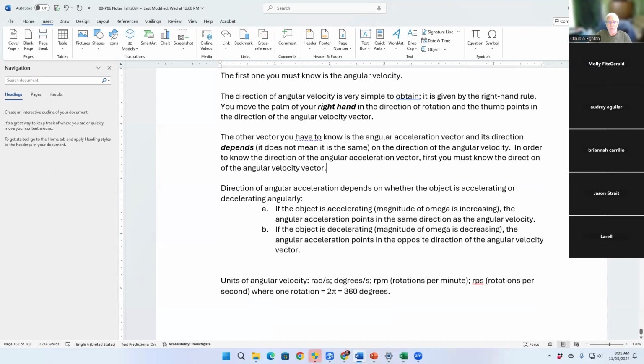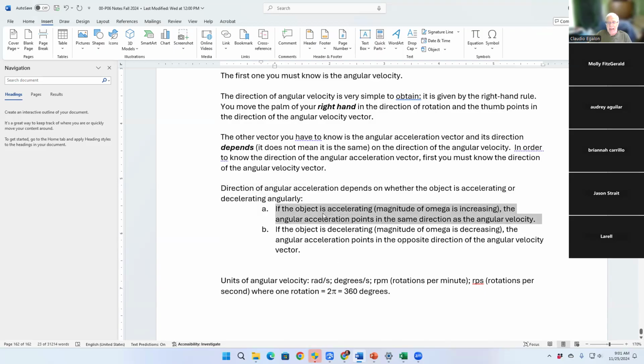And there's a very simple rule here. The direction of the angular acceleration depends on whether the object is accelerating or decelerating.